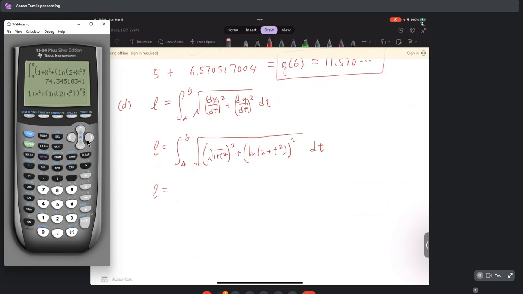There you go. Now I have to put a 1/2 power to put in the square root. 1/2. There you go. Now we have the answer, which is 12.136 dot dot dot. So I think that's my arc length.